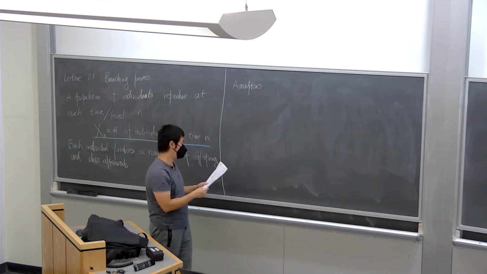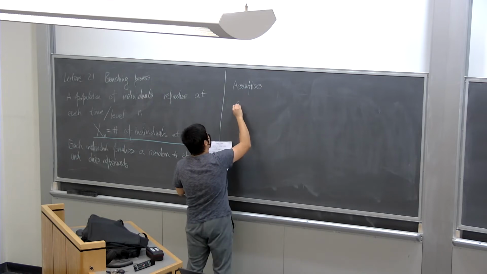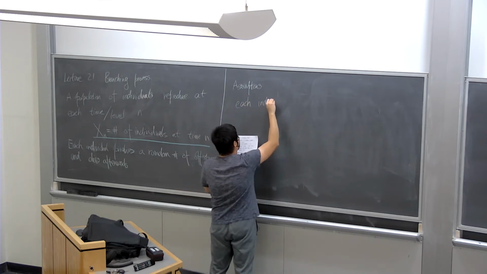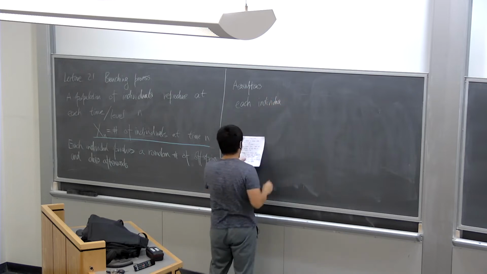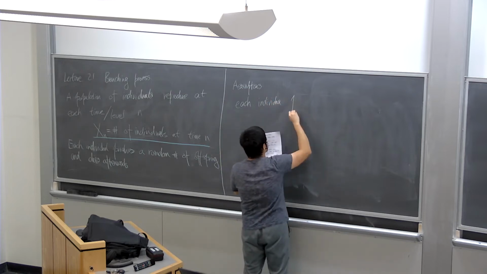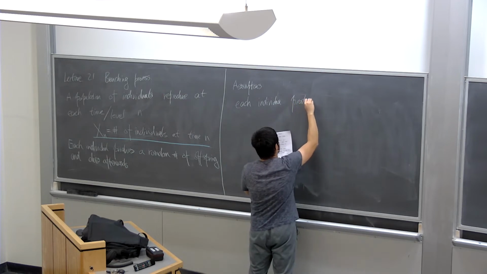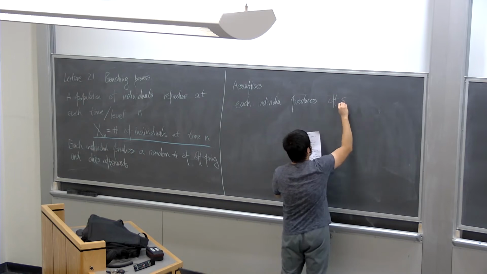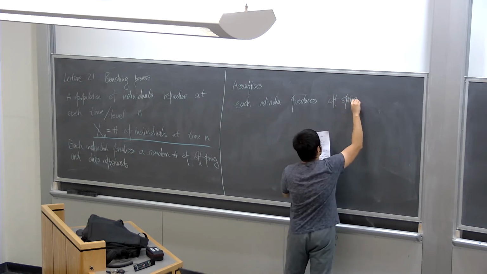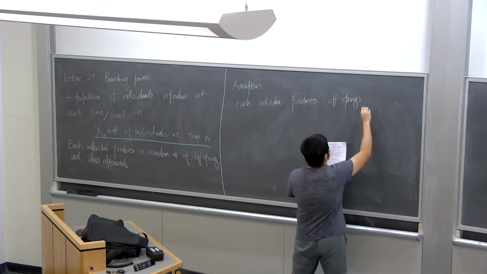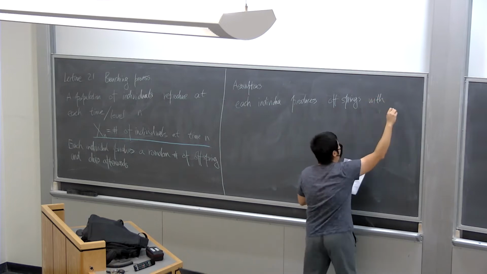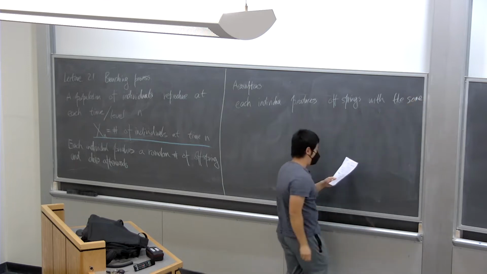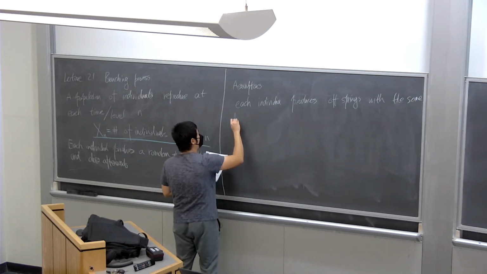So these are all IID. Each individual produces offspring with the same probability distribution.